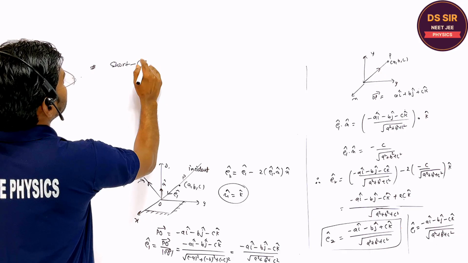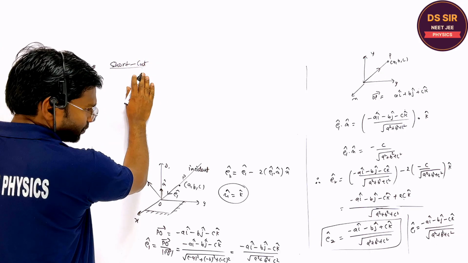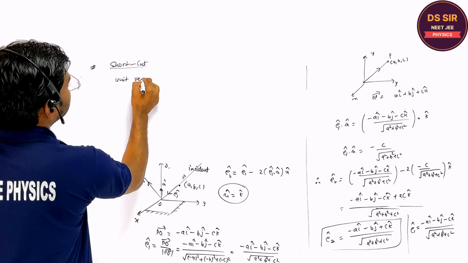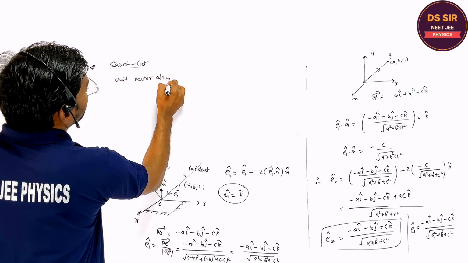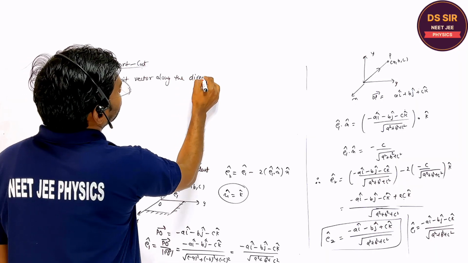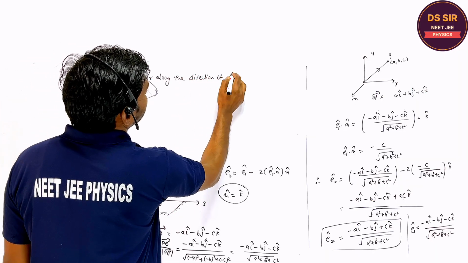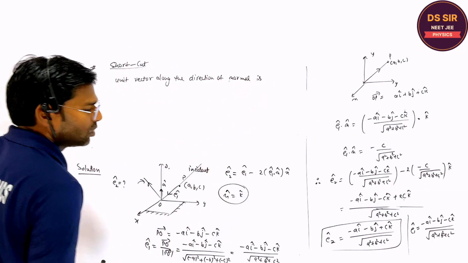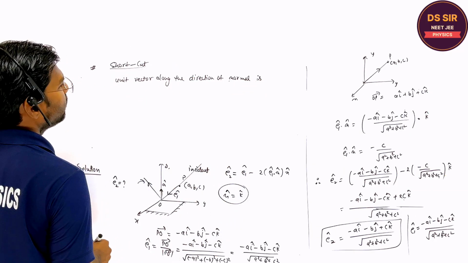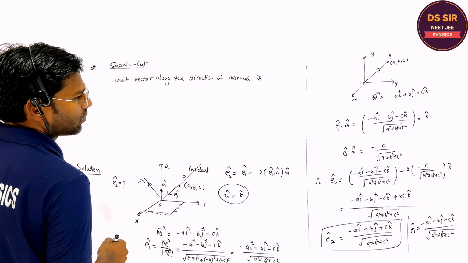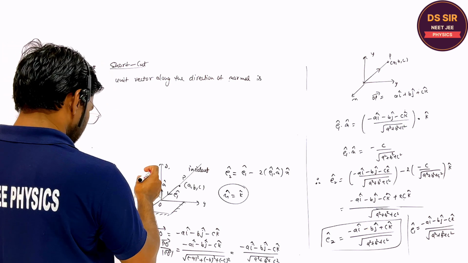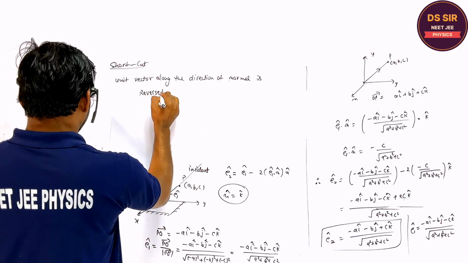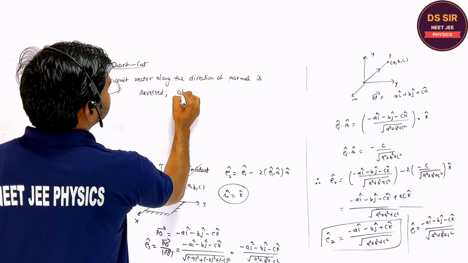What is the shortcut? The thing is that the unit vector along the direction of normal is reversed. Others remain the same.